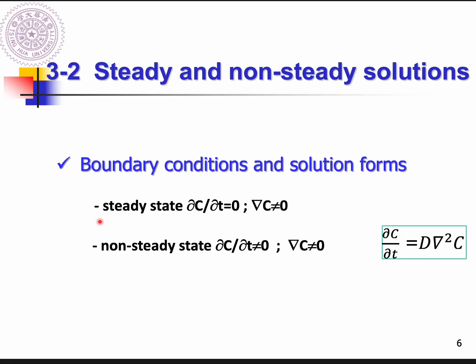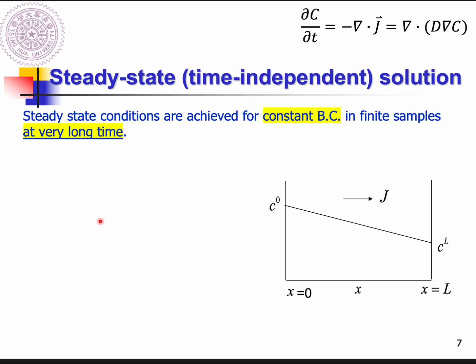By measuring the concentration profile, you get the flux, and then you can calculate the entropy production rate. The example we have now is a steady state solution, which is time independent. We have a sample of length L, and the concentration at the left-hand side we call C0, and at the right-hand side we call CL.